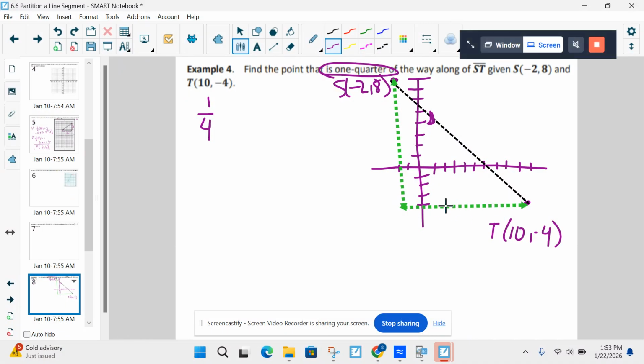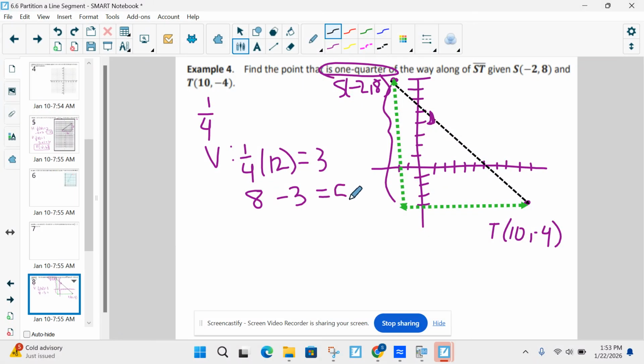So you can find your horizontal first. I'm going to find the vertical first because we're going down and then over. Okay, so vertical, we've got a distance of what? 8 to negative 4 is 12. So 1/4 of 12 is 3. And then I have to subtract 8 minus 3, which is 5. So if I go down 3 from 8, we're at 5.